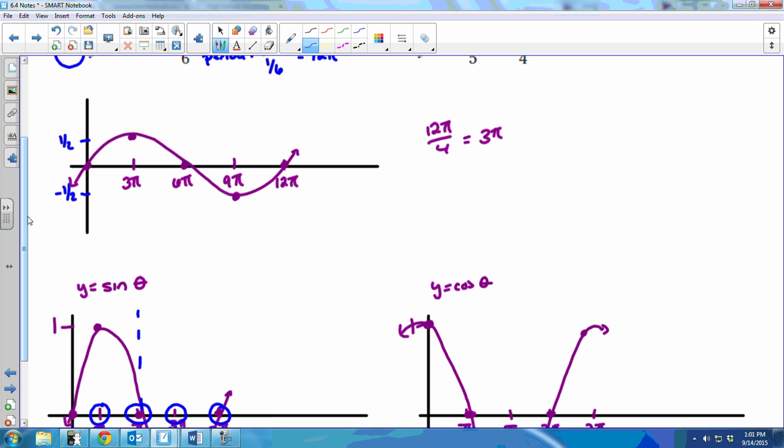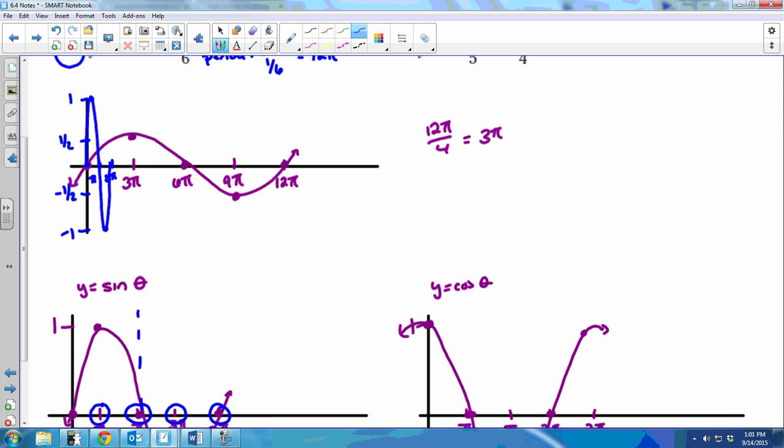Questions about how I did that? We're just thinking about that pattern. Now again, just for reference, you don't have to draw this in. But for reference, the original sine curve is this right here in the blue.